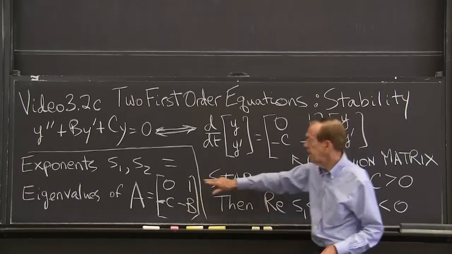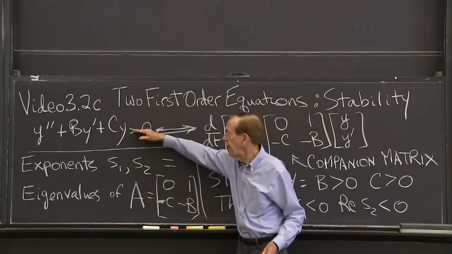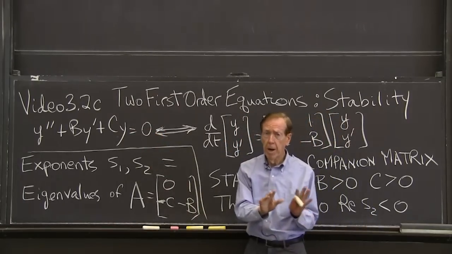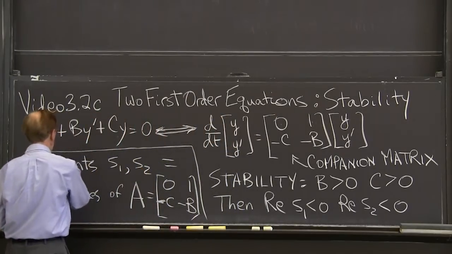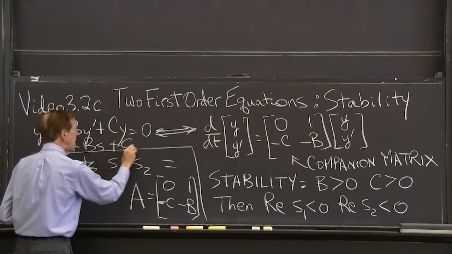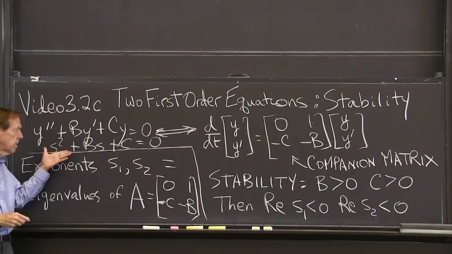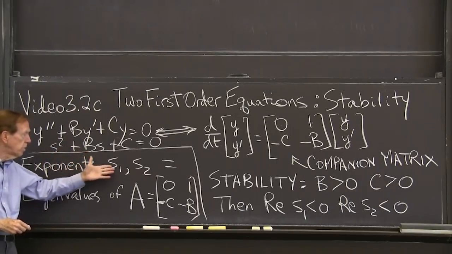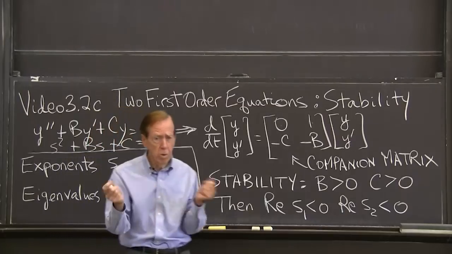So here it is, the old exponents S1 and S2 for that problem, and everybody watching this video is remembering that S's solve S squared plus BS plus C equals 0. So that has two roots, S1 and S2, that control everything, control stability.